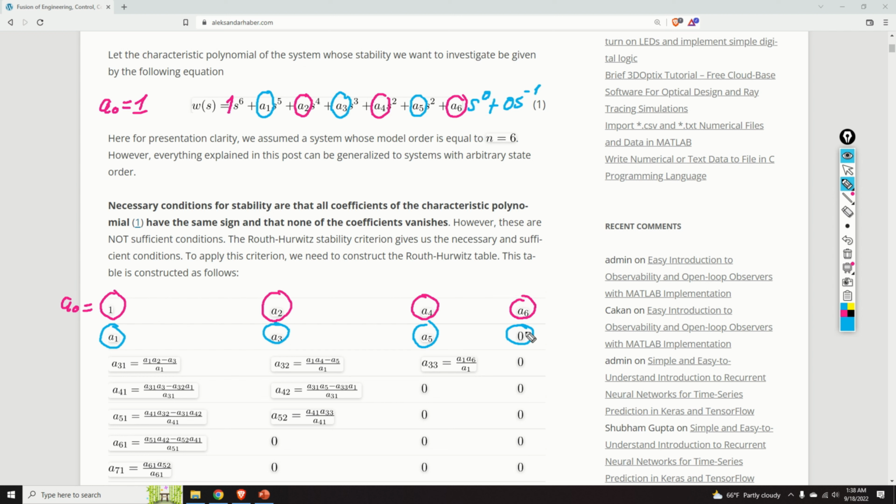Okay, to repeat everything from the beginning, the first row consists of coefficients with an even index or even subscript, and the second row consists of coefficients with an odd subscript or odd index.